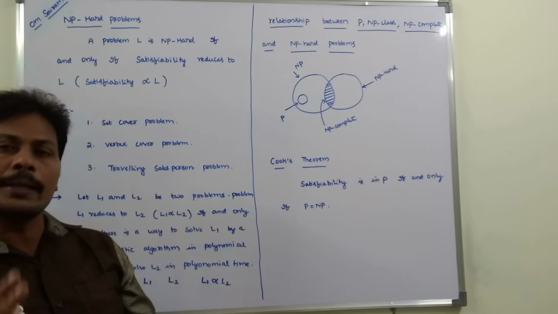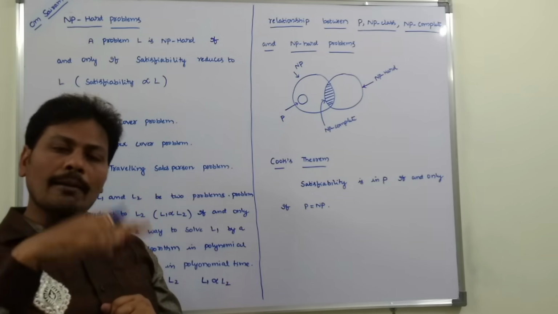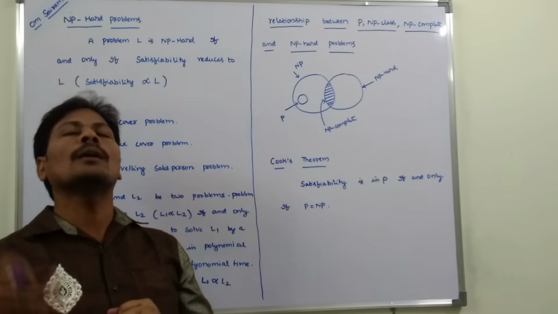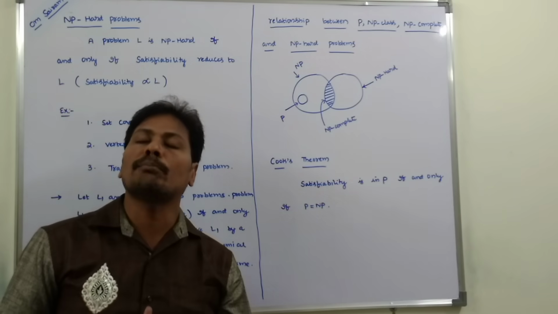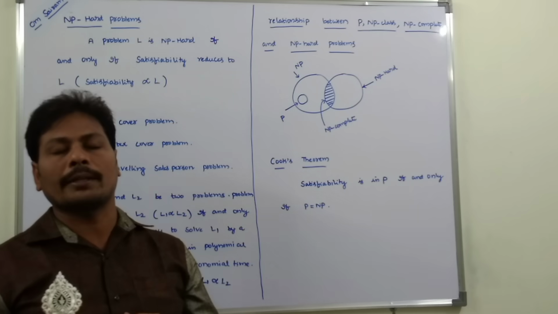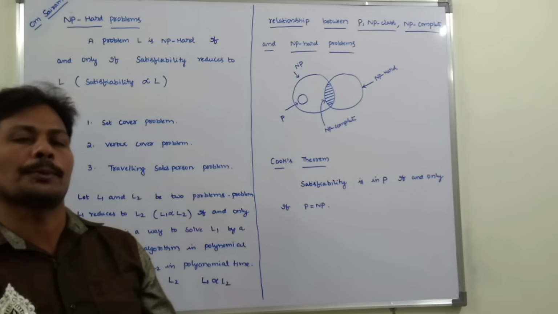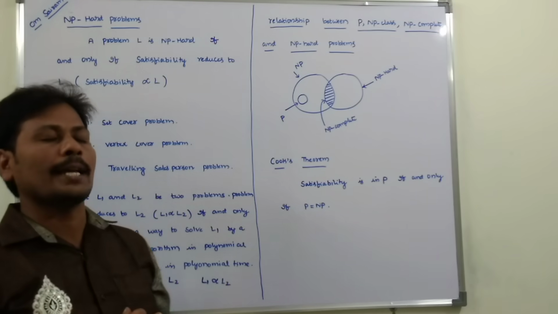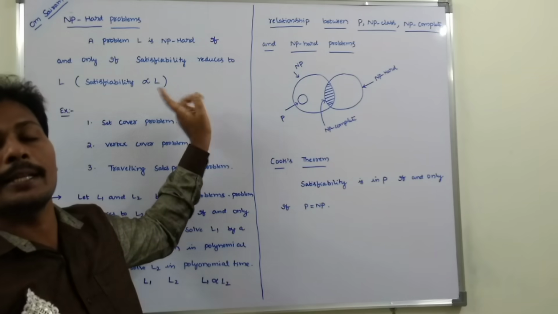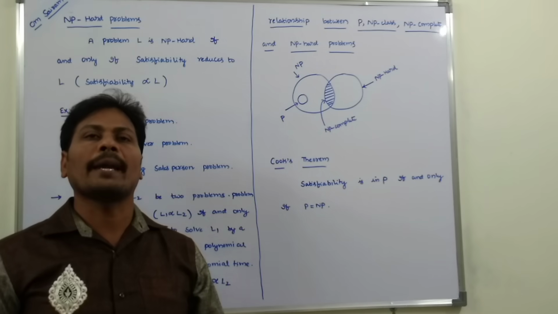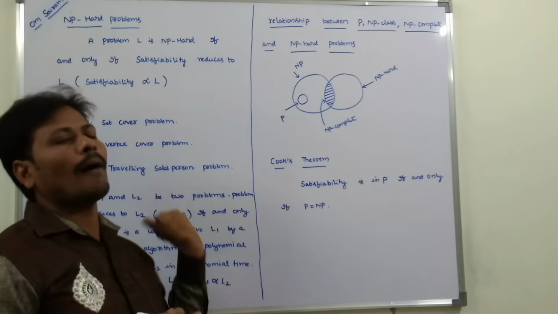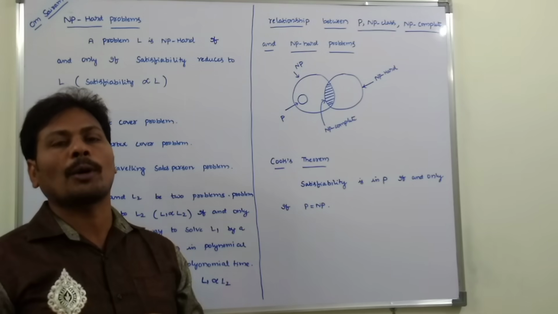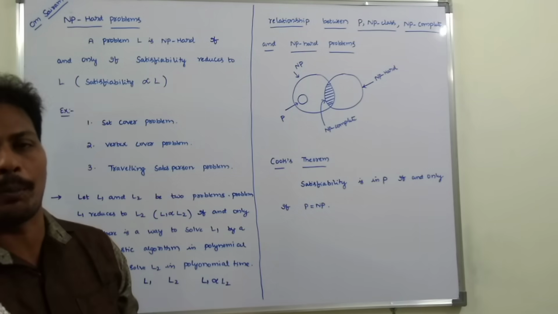That property is called the satisfiability property. If the satisfiability property is satisfied, then that problem is called NP-hard. Examples of NP-hard problems are the set cover problem, node cover problem, and traveling salesperson problem.